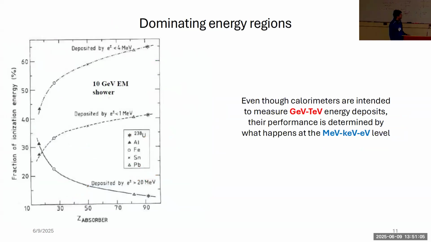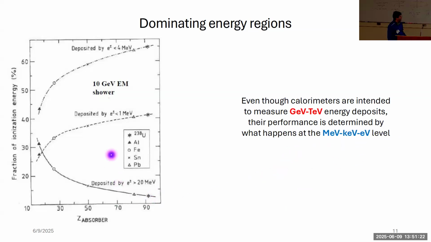Okay, and I think this is actually kind of to your question. Calorimeters are intended to measure GeV or TeV energy particles, but the performance is really determined by what happens at the lower energy level.